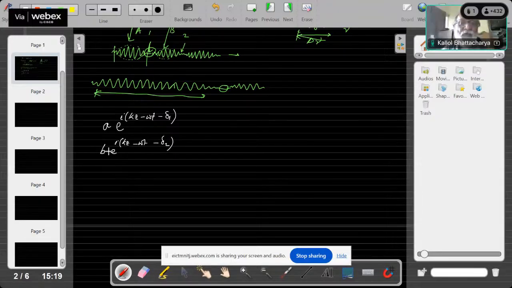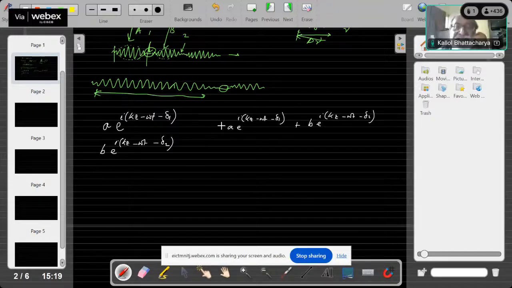Now let's say these two beams are interfering, so they are adding up. We write A e to the power i into kz minus omega t minus delta 1, plus B e to the power i into kz minus omega t minus delta 2.